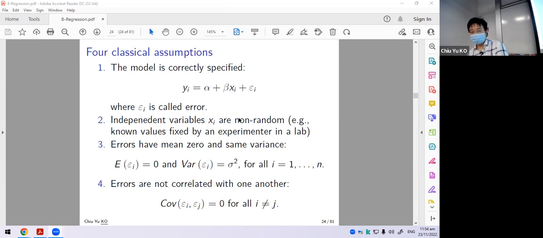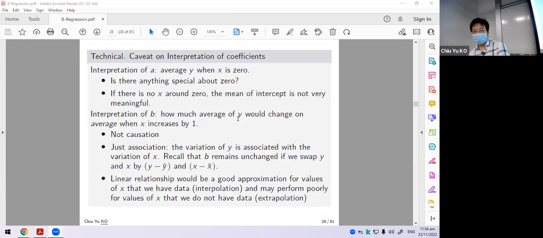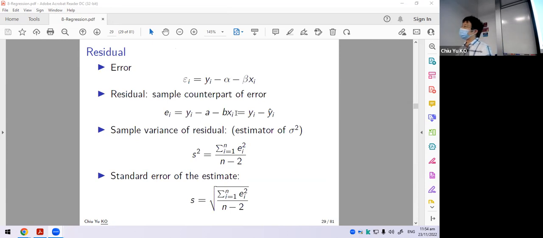So you want to estimate sigma square, and the way to do it is what we call the sample counterpart, which usually appears in statistical models. What you try to see is the variance of epsilon, right? What we care about is epsilon, whose variance is sigma square, what we want to estimate. Then how we estimate this is to form what we call the sample counterpart.